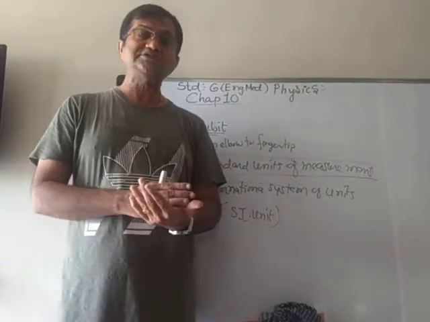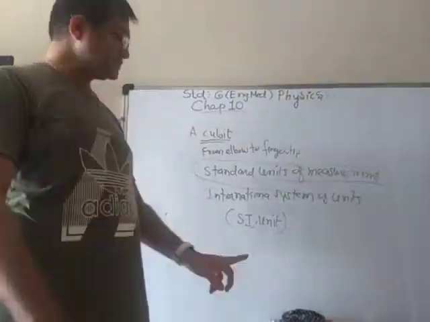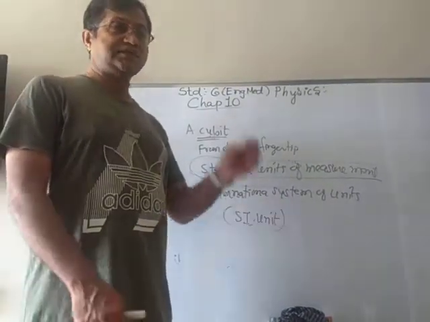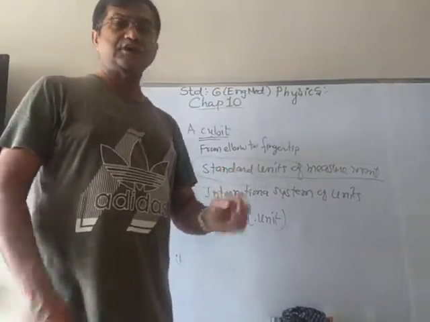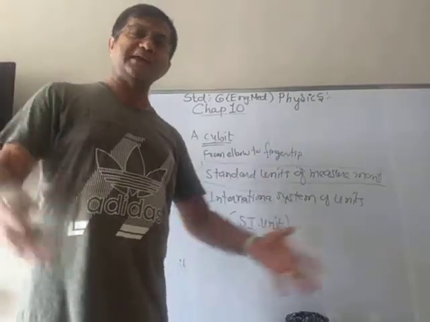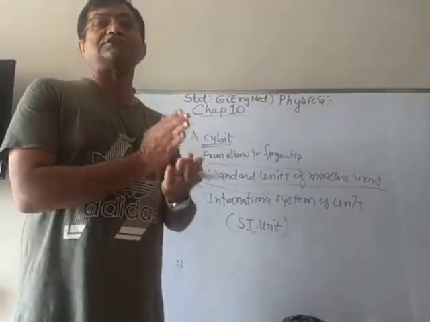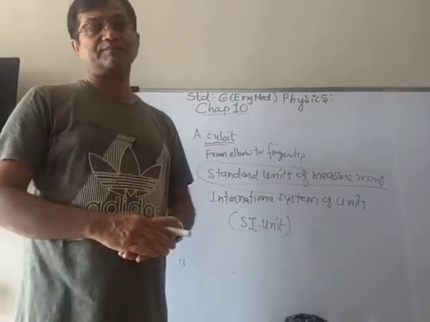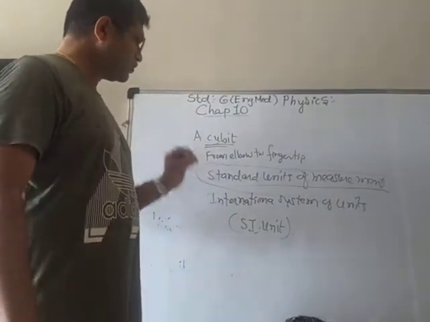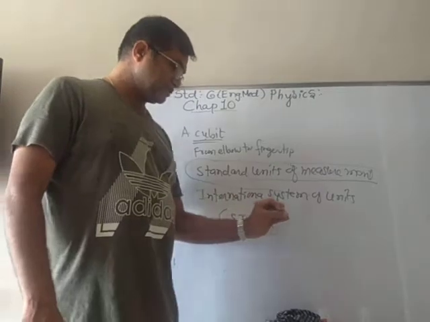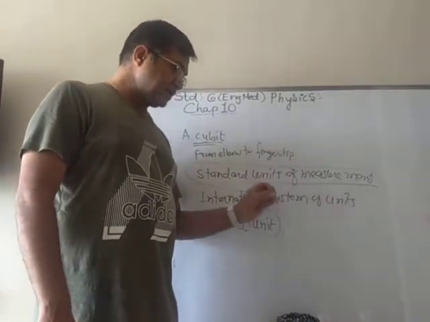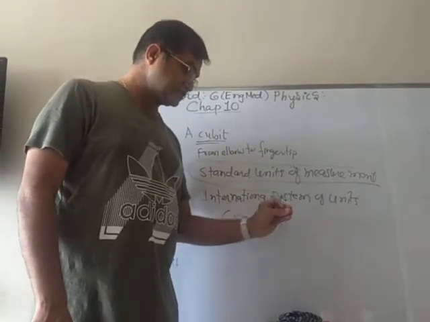Why? Because it is accepted as an SI unit. Anywhere you buy a scale, any company has to follow that same measurement. And therefore it is known as the SI unit.